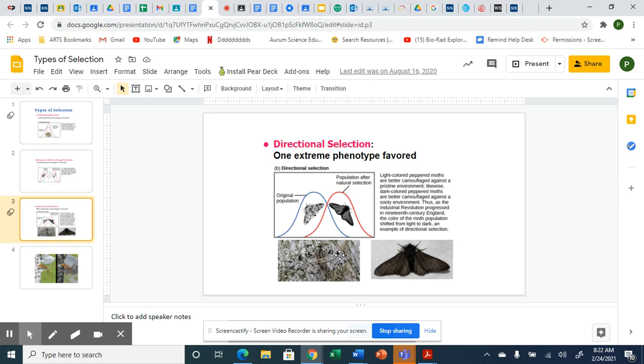And they burn coal all the time. What color is coal? So the trees all got covered in this black soot.